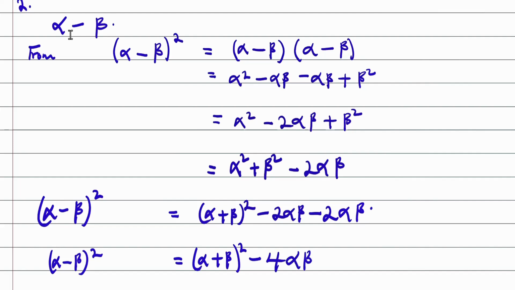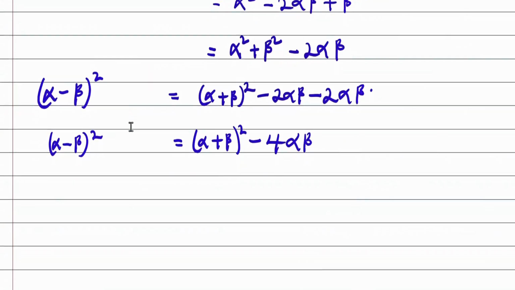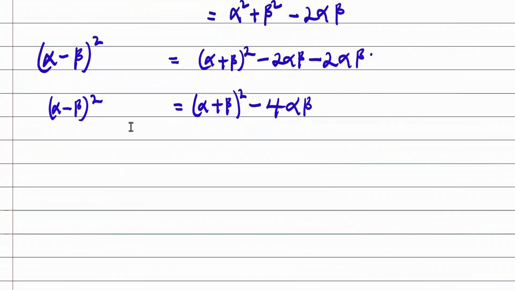Remember, they want us to get alpha minus beta, so we can take the square roots on both sides. So we are going to have alpha minus beta, the whole of it squared, being equal to alpha plus beta, the whole of it squared, minus 4 alpha beta.